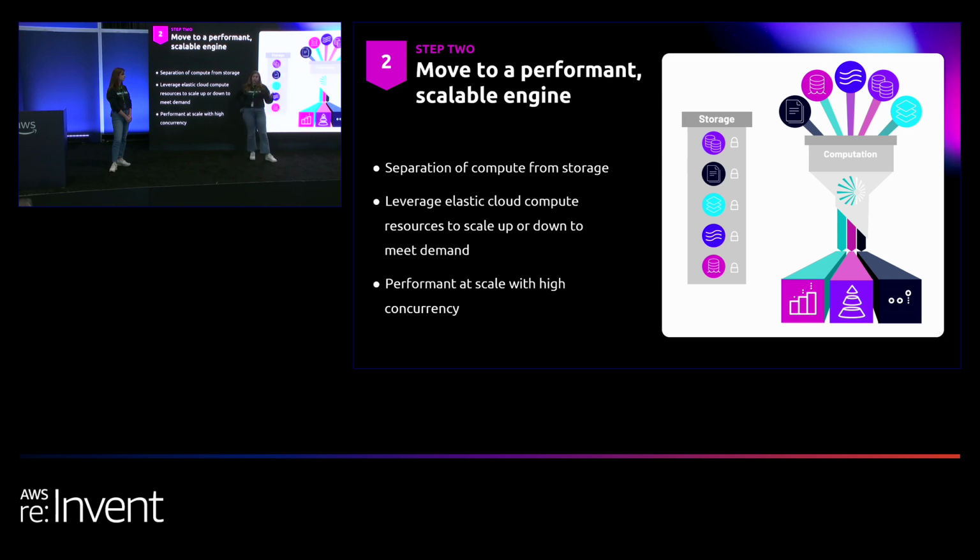To do that, we need to find a scalable query engine that is performant with high concurrency at a high scale. And we need to also keep in mind leveraging the elastic cloud compute resources to scale your resources up and down as it's running, which is critical.